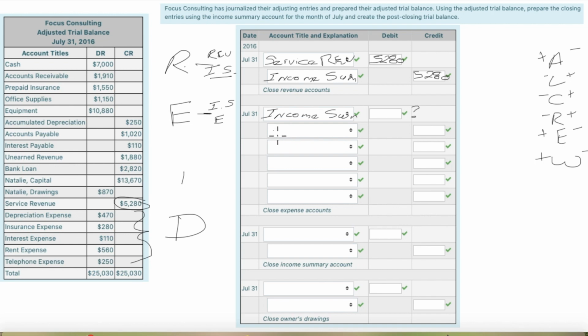So we have depreciation expense. That's 470. Insurance expense, and that's 280. Interest expense, and interest expense is 110.